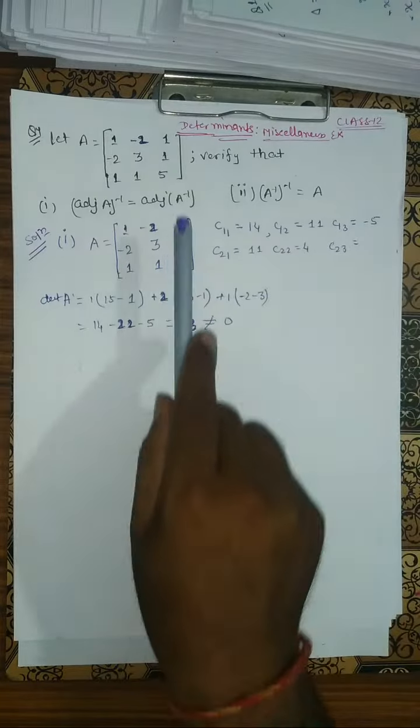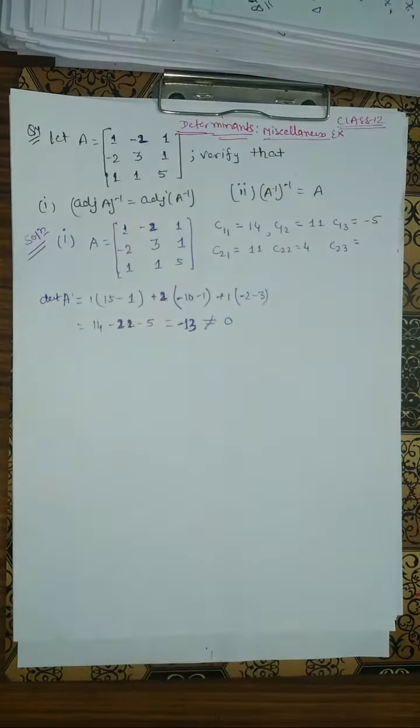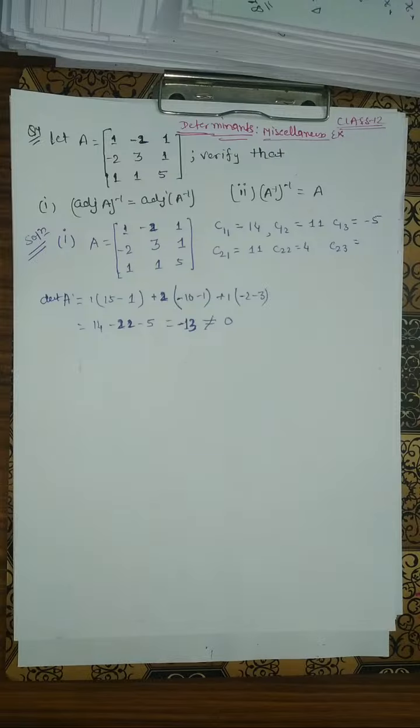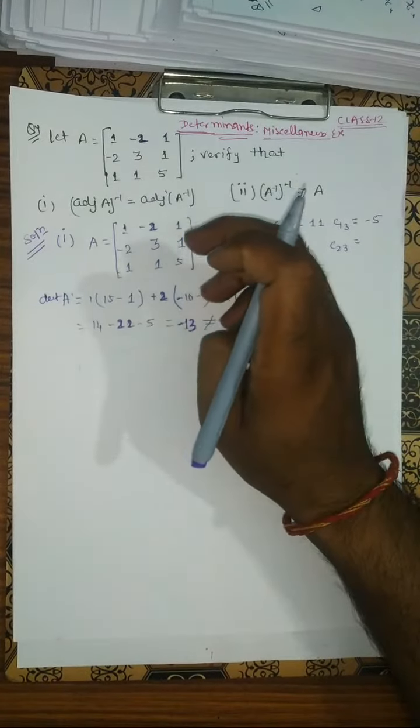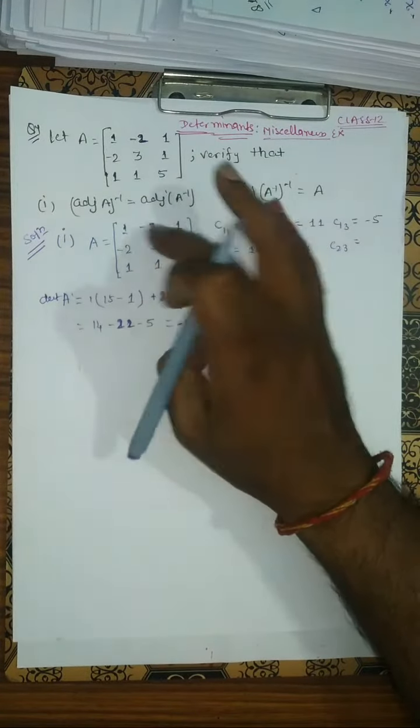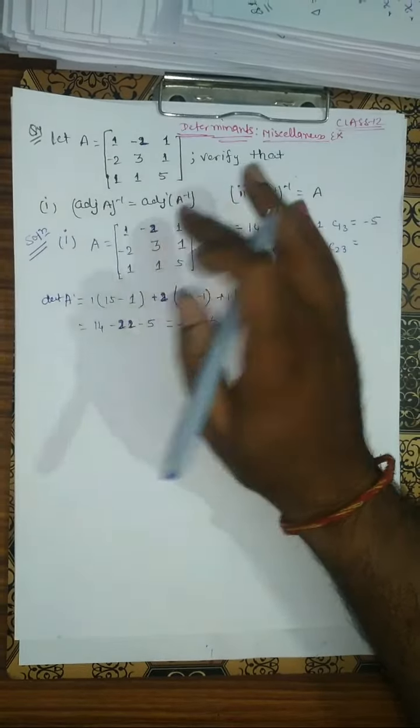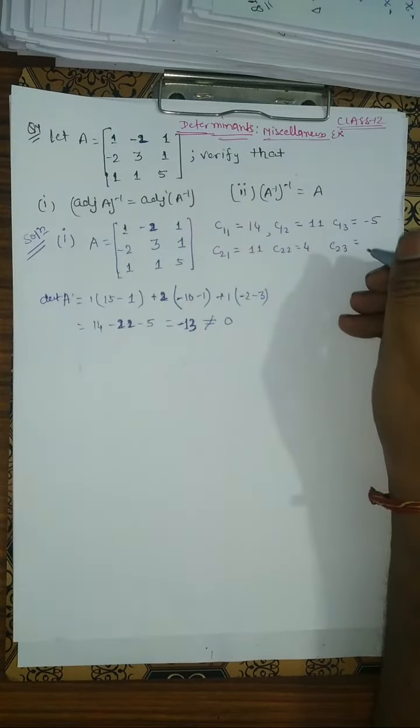For C23, 3 minus minus plus 4, that's why बच्चों is 7. 3 minus minus plus 4, 3 minus 4 is minus 1.